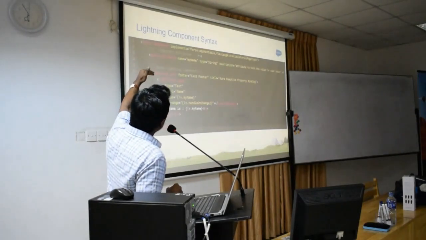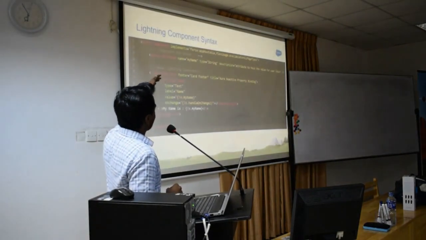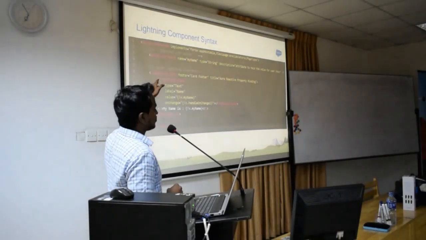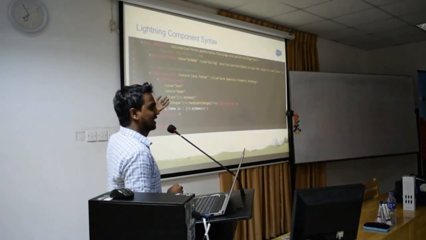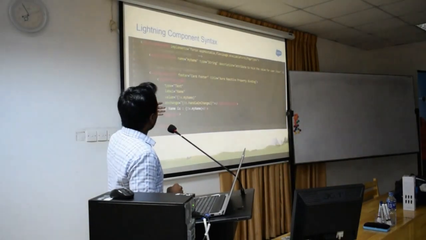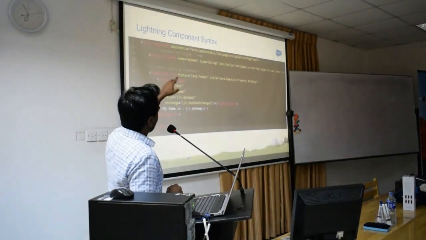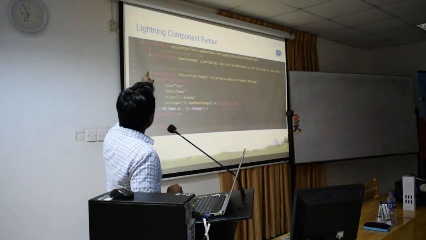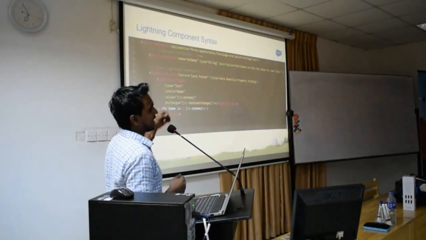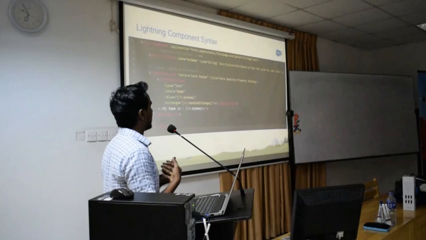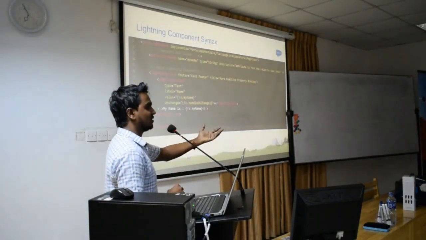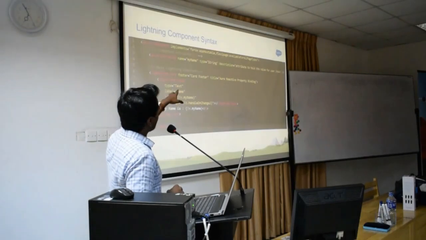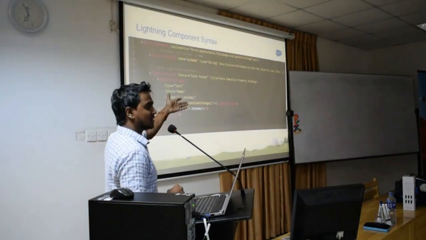This Aura component can implement different interfaces, and based on the implemented interfaces, you will have different functionalities enabled for your component. Even though I haven't mentioned it here, this component can be attached to an Apex class so that you can get data from Apex, and it can also be extended by another component.